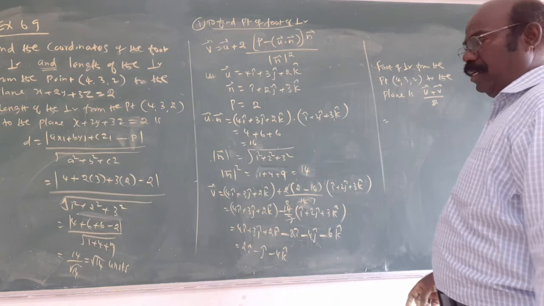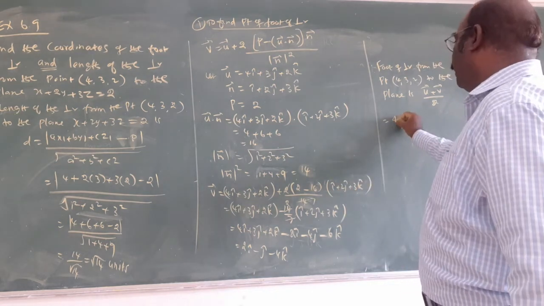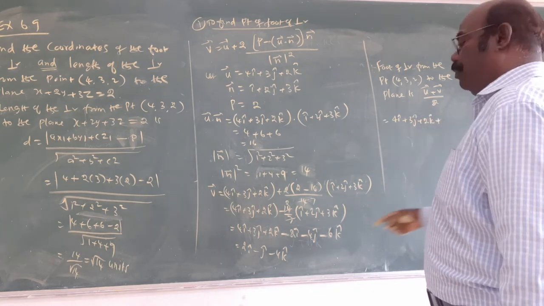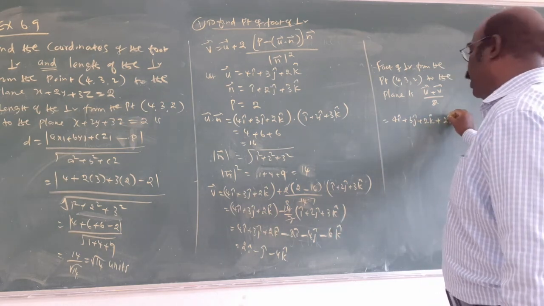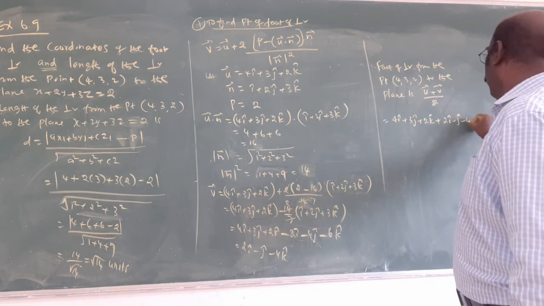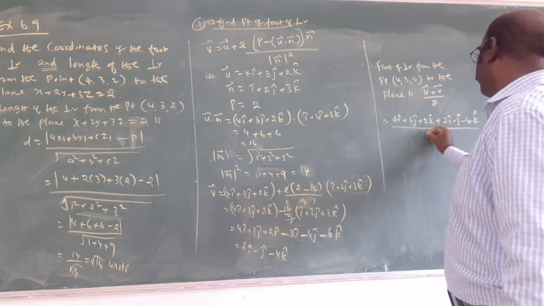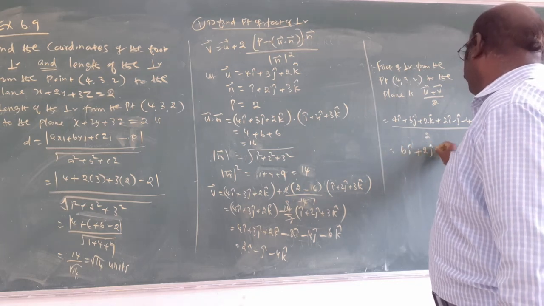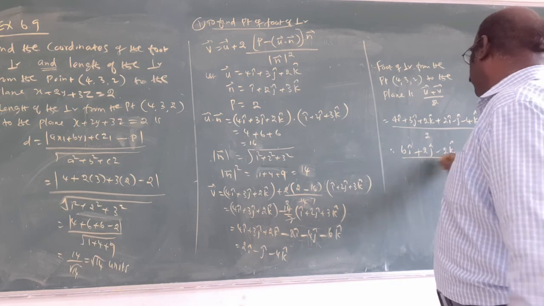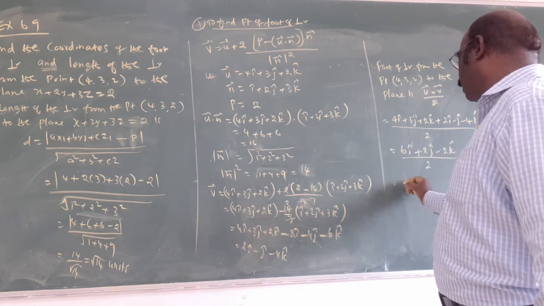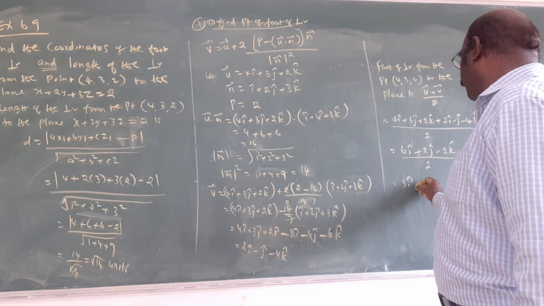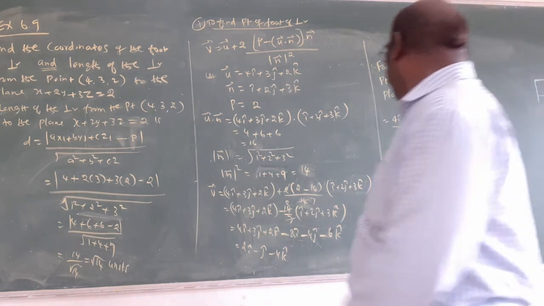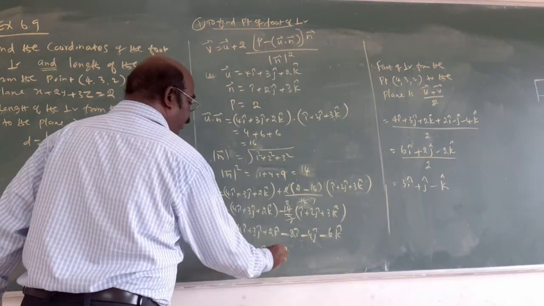U vector, our assumption 4i plus 3j plus 2k. V vector already found, 2i minus j minus 4k, by 2. What is our answer? 6i plus 2j minus 2k by 2. All the numbers are divided by 2. 3i cap plus j cap minus k cap. This is the foot of the perpendicular.